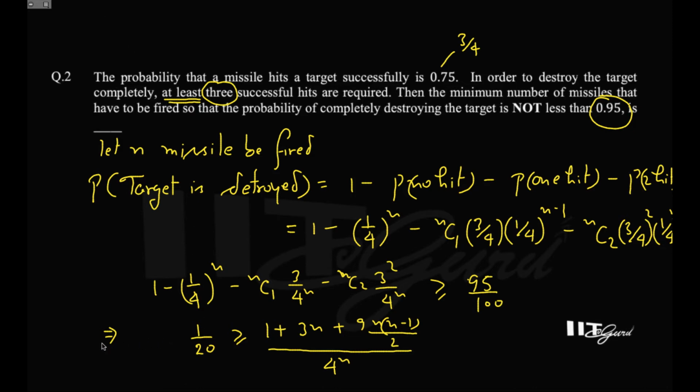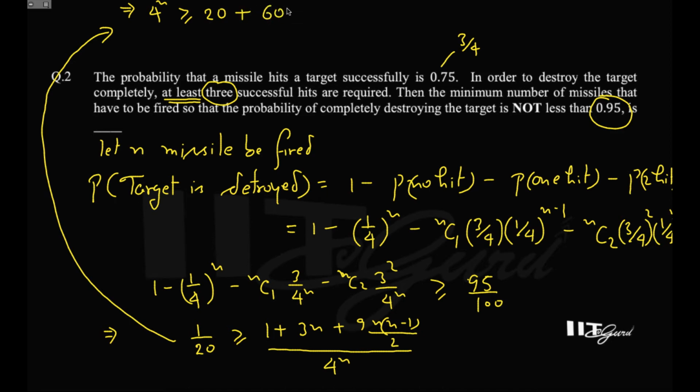So this entire result implies that 4 to the power n is greater or equal to, cross multiply, multiplying 20 with here, that will be 20, and then 3, that is 60n, and then after plus 90 n into n minus 1.